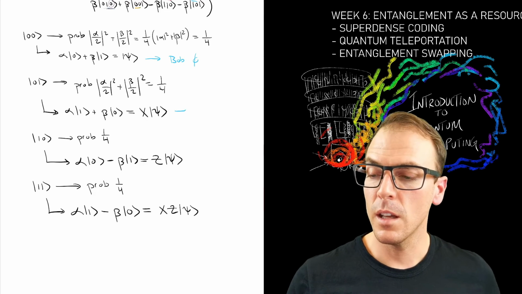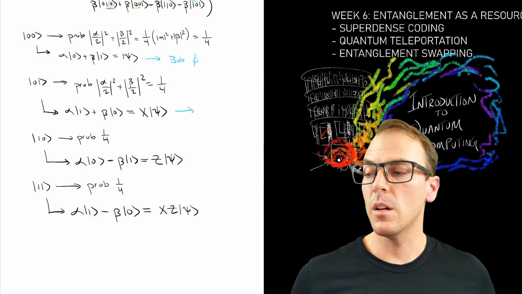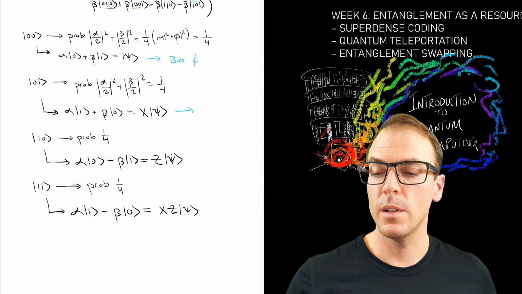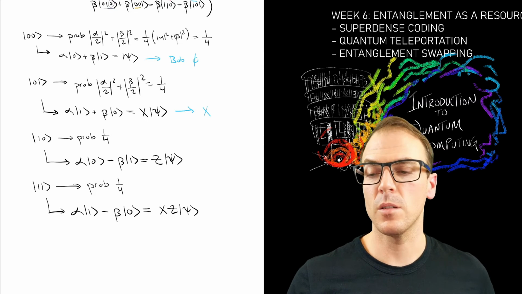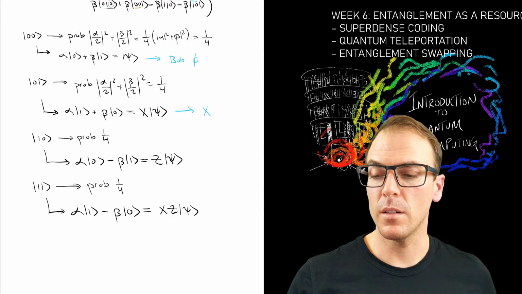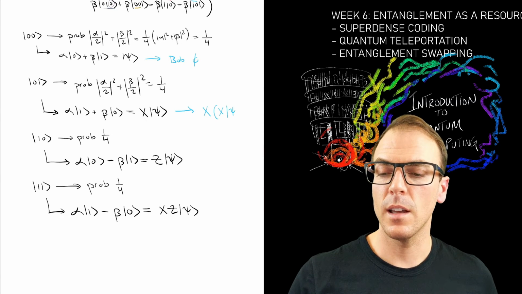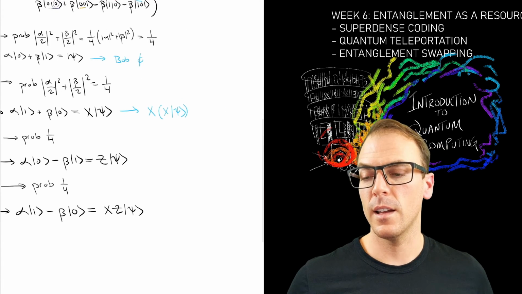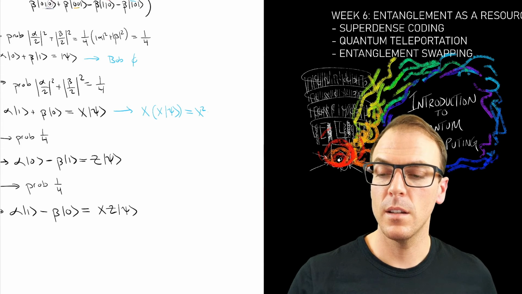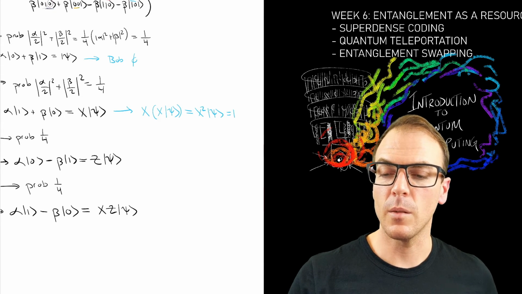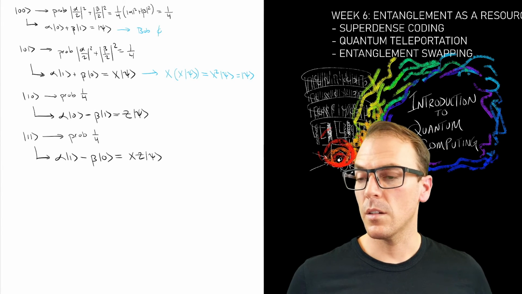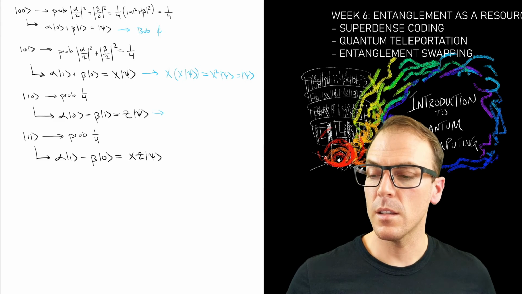If Alice sees 0, 1, whatever Alice sent to Bob, Bob has to apply an X to it. In which case, we'll apply X and then X, and that's X times X times psi. X squared is equal to the identity, and we're left with psi. Okay, in this case, same scenario.